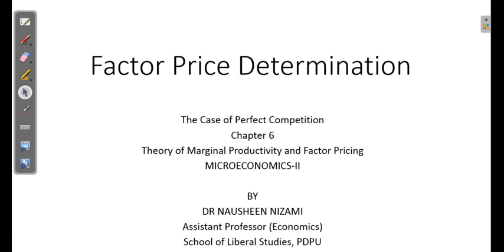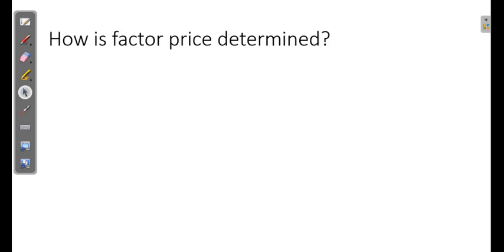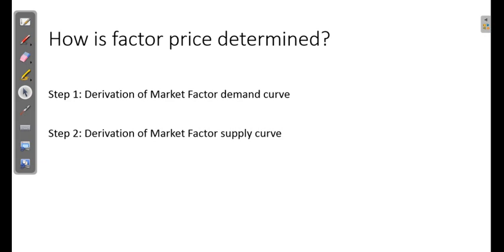In order to understand that, we need to know what the process of determination of factor price is. The first step is deriving the market factor demand curve, which is the aggregate demand curve for the factor. The second step is deriving the aggregate factor supply curve, or what you know as the market factor supply curve.